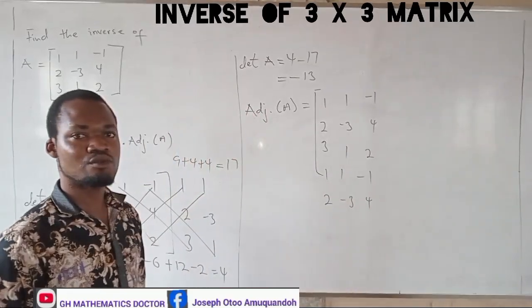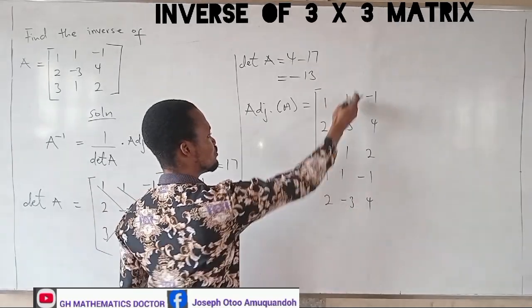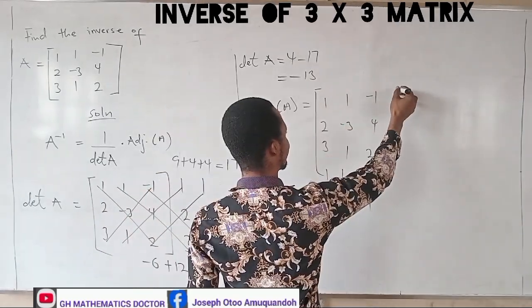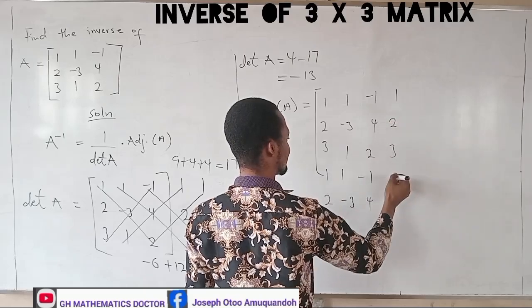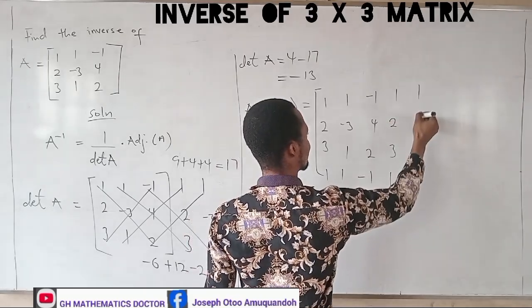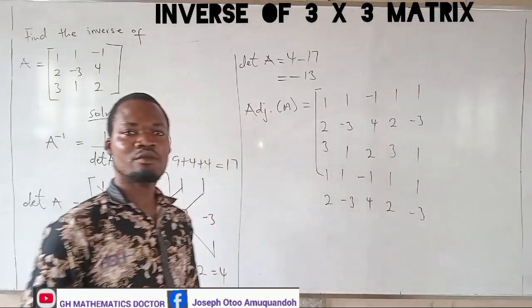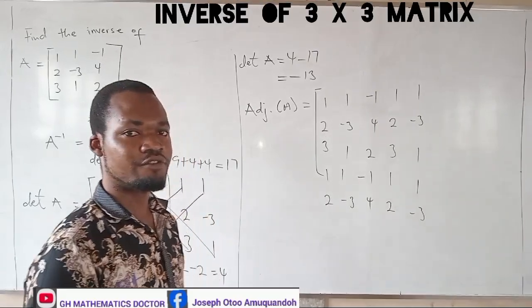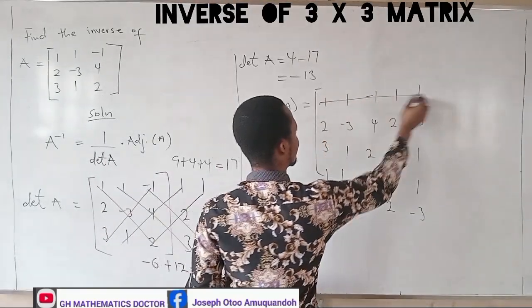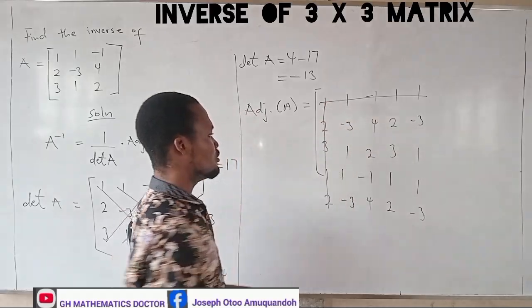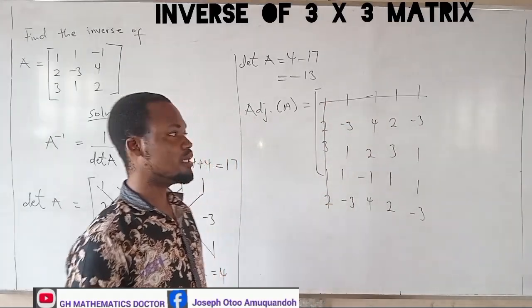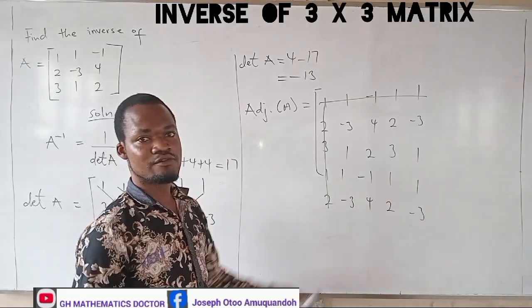After repeating the first 2 rows, then repeat the first 2 columns at this side. Then we delete the first row and the first column from this matrix. You can see we have a 4 by 4 matrix in the middle, so we need to rewrite this 4 by 4 matrix.